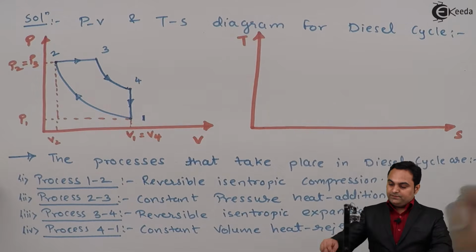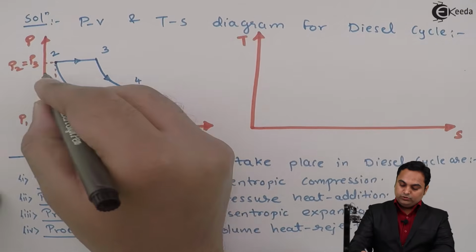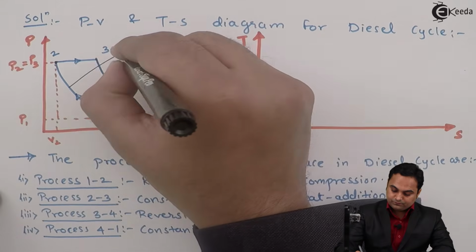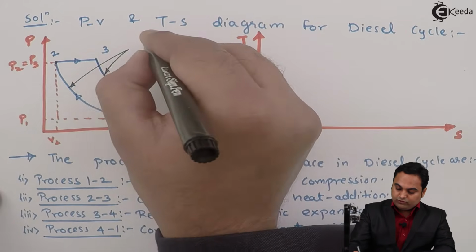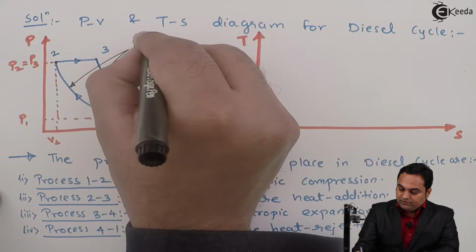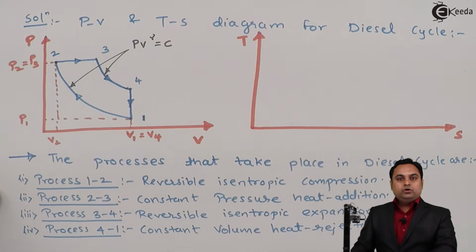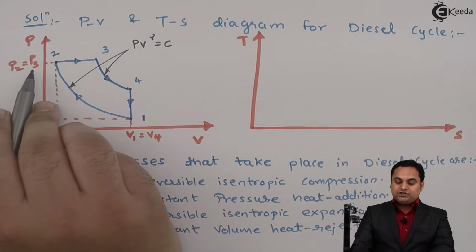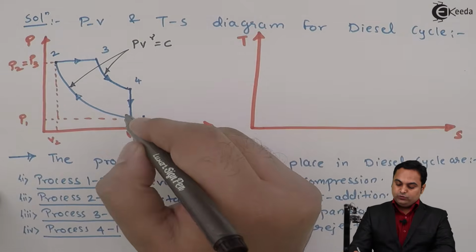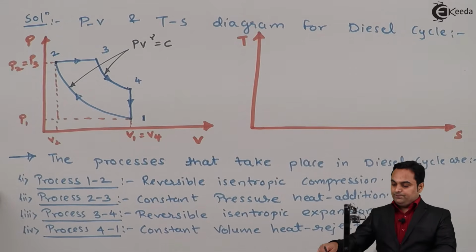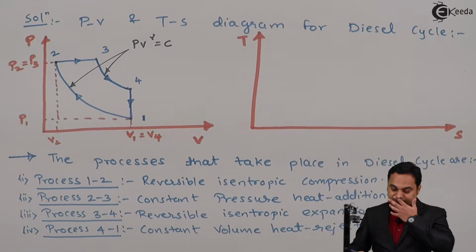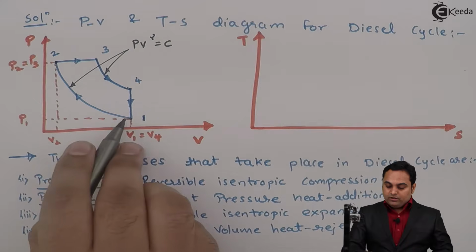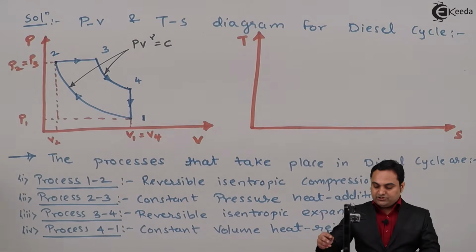Now I can say that process 1 to 2 and 3 to 4, they follow the law PV raised to gamma is equal to constant, which is for reversible isentropic process. During 2 to 3 pressure is constant and during 4 to 1 the volume is constant. Next, I'll show the processes on TS diagram. First one is isentropic compression.